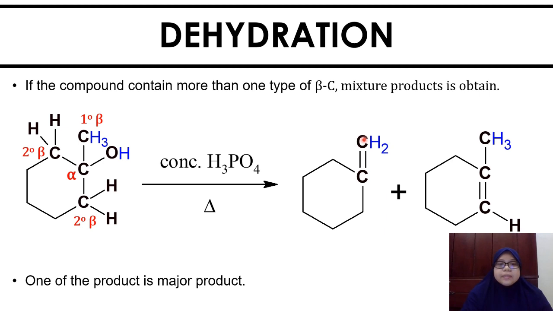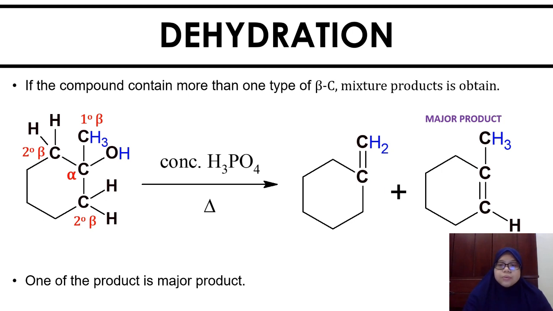And another product is here: when we remove the hydrogen from this secondary beta carbon, you will form a double bond between this carbon and this carbon, forming an alkene. So one of the products is the major product. The major product for this alkene is this one.